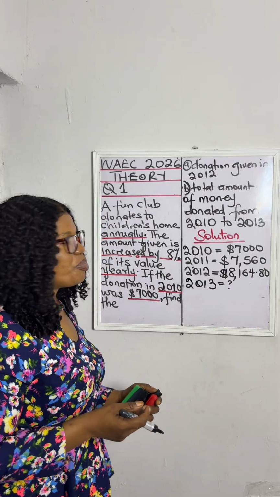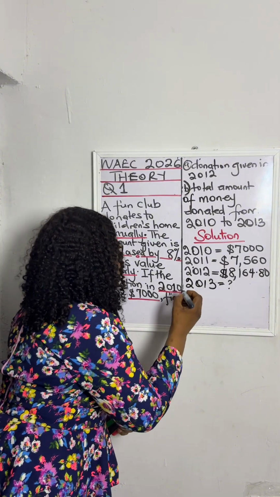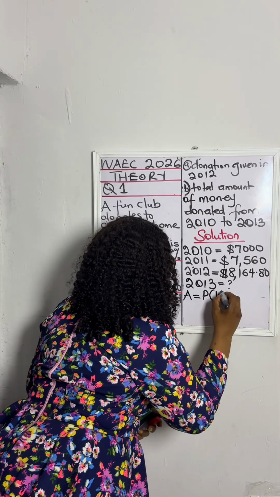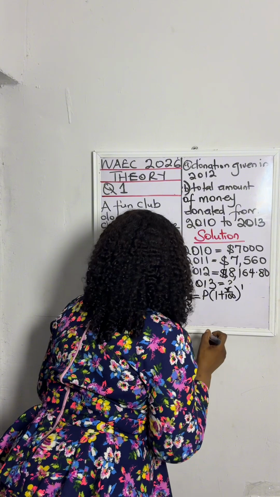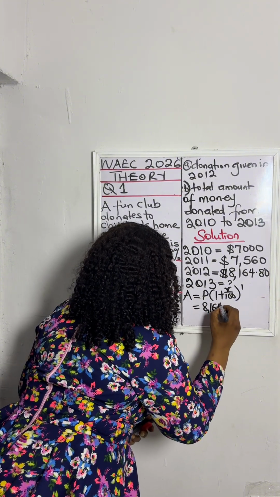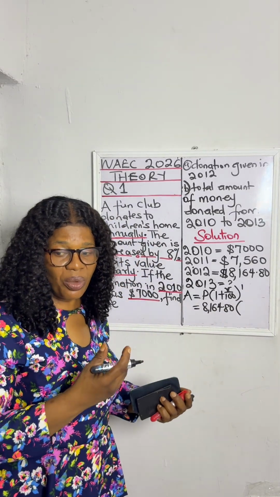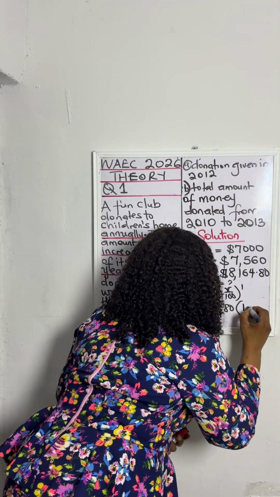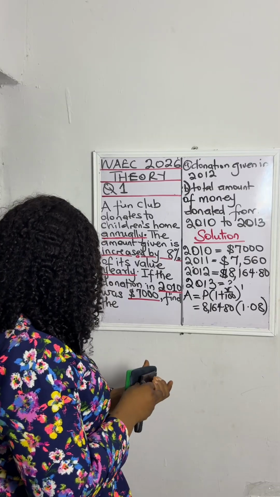Recall that the principal for 2013 will be the amount we obtained from 2012. So that is principal bracket 1 plus r over 100 raised to power 1. So what is this? That is $8,164.80. Open bracket is still the same 1.08 because we have a constant rate of increase.